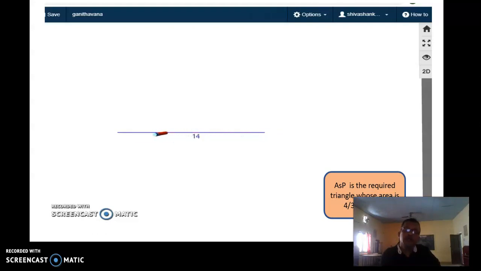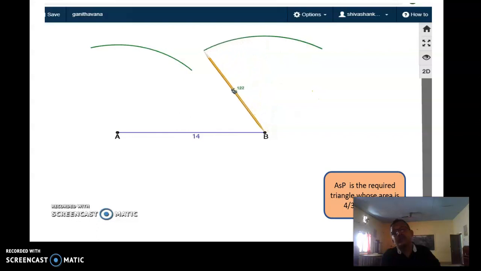Construction of the triangle is the same. From point A, draw an arc here with 9 centimeter. Remember 9 centimeter. From here 11 centimeter. These two cut at a point, that is C. So now join AC and BC.